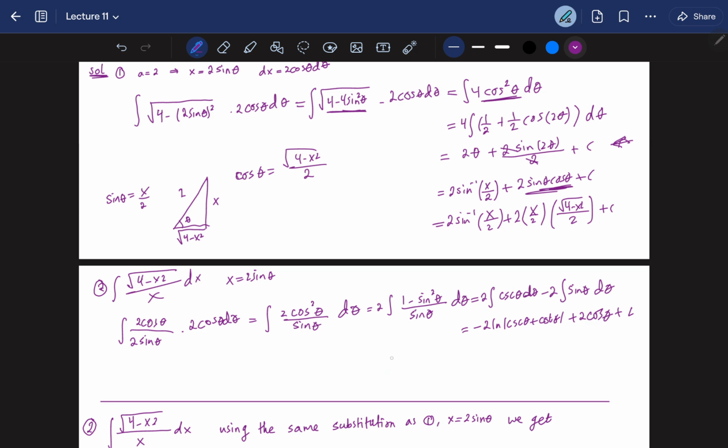Now we're going to build a triangle again, which is the same exact triangle. Cosecant is 1 over sine, and we know that sine from here is x over 2. So this is going to be 2 over x, plus cotangent is 1 over tan, and tan is opposite over adjacent. So this is going to be the square root of 4 minus x squared over x, plus 2 plus c, and so on.